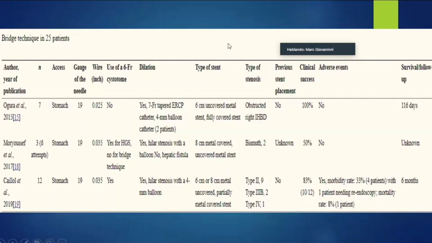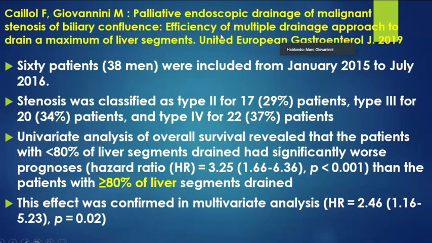And why is it important to try to have a maximum of liver segments drained in these patients? It's for this reason that in this case the PTBD and the EUS are not enemies, but they are more like friends. And this is the paper that we published last year.